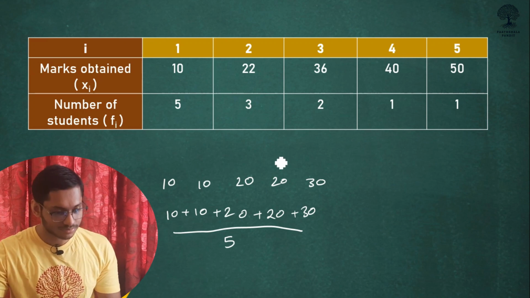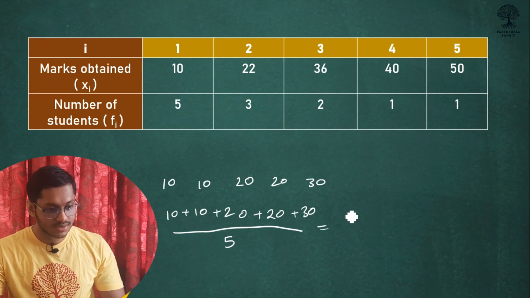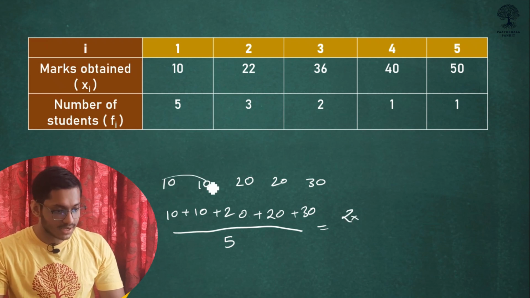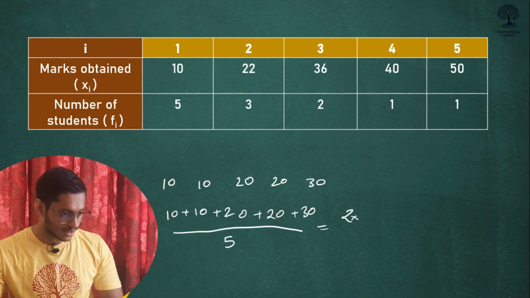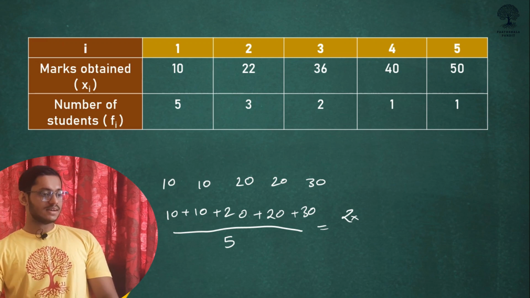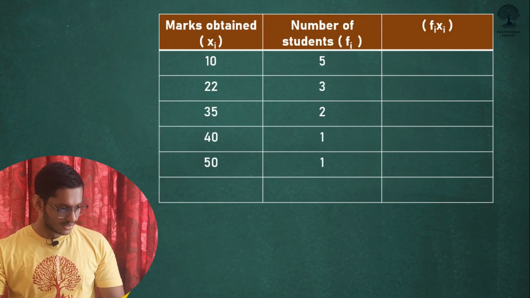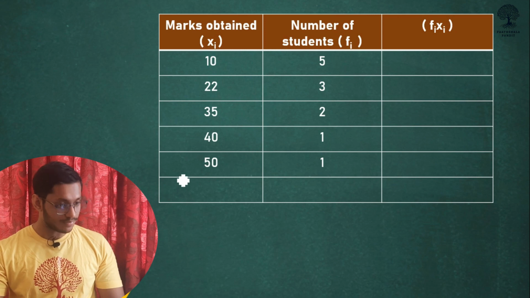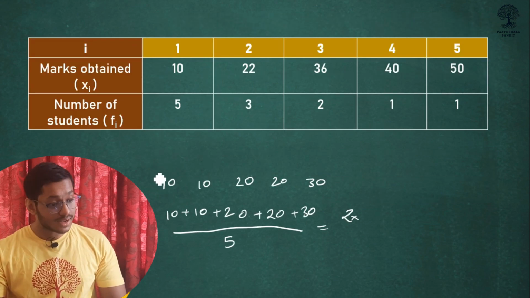Let me show you. What I can actually do here is this. I can see 10 two times, so 2 into 10.